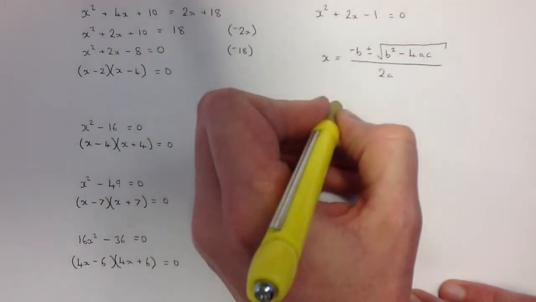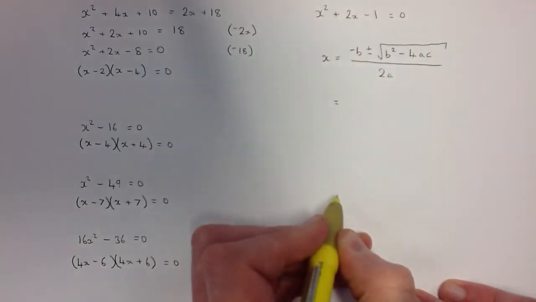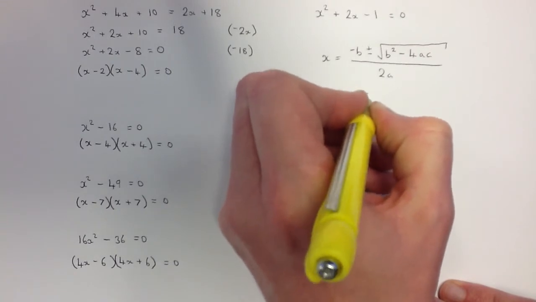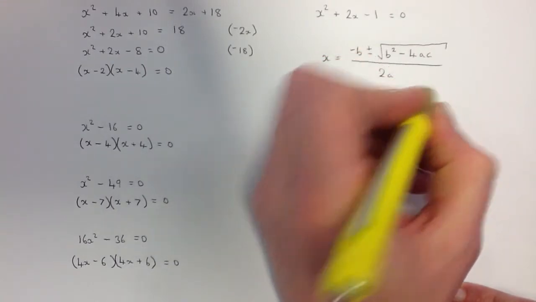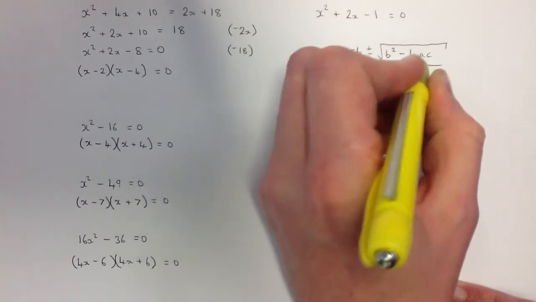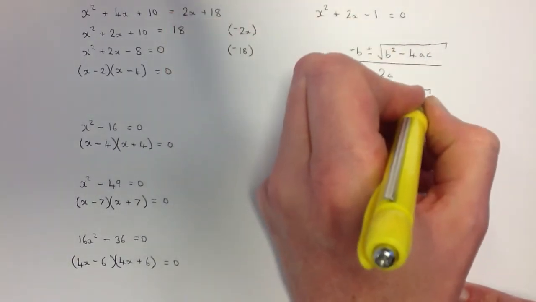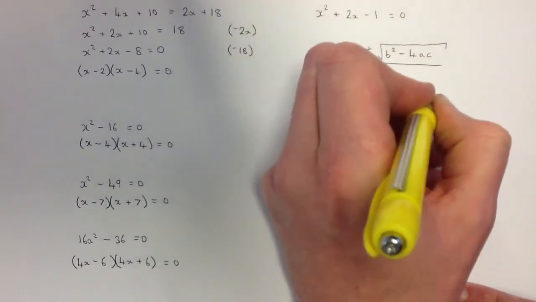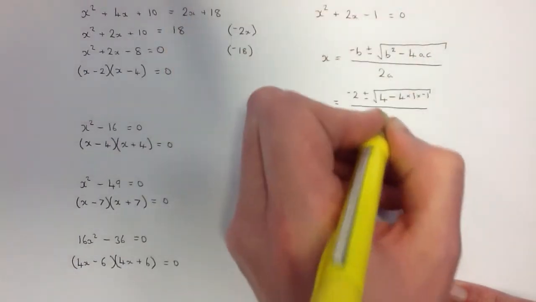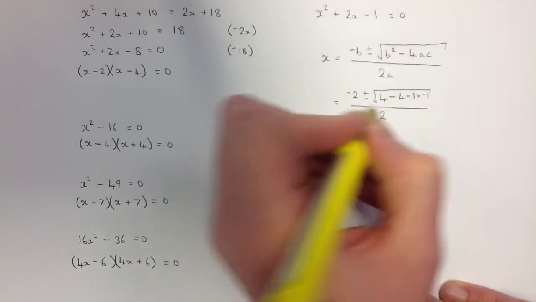Then it's just a matter of substituting those letters into the formula. Negative b, negative 2, plus or minus the square root of b squared, which is 4, minus 4 times a, which is 1, c, which is negative 1, all over 2 times a, which is 2 times 1, which is 2.